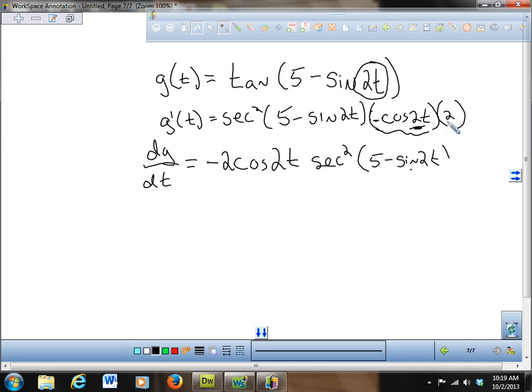You want secant squared of this whole quantity, multiplied by this, so you bring this out in front to indicate that you're not taking the secant squared of that number. Yes, ma'am? So could you do the chain rule for sine of 2t and then plug that back in? Yes, you could do that.